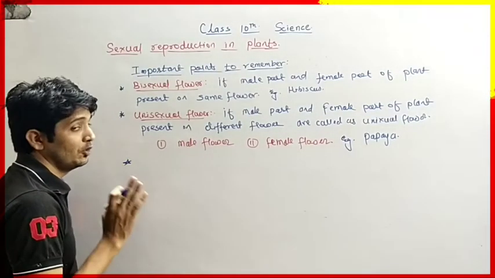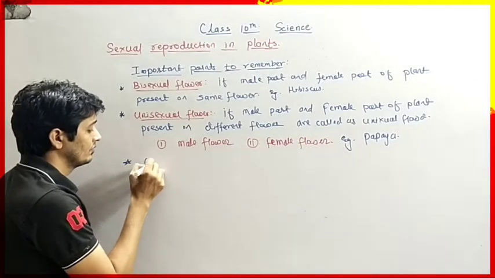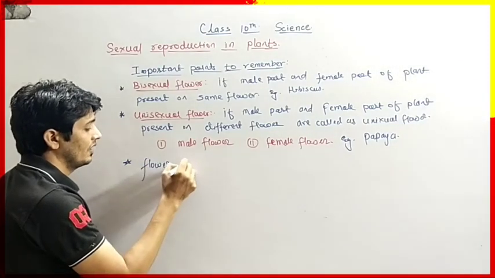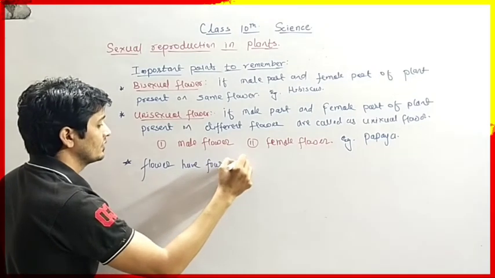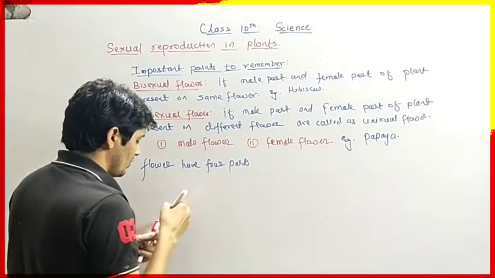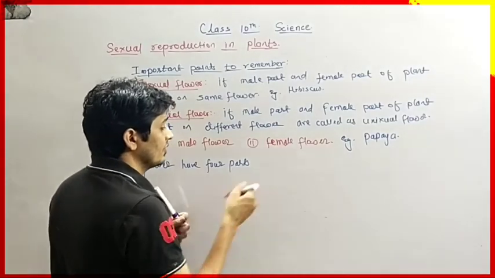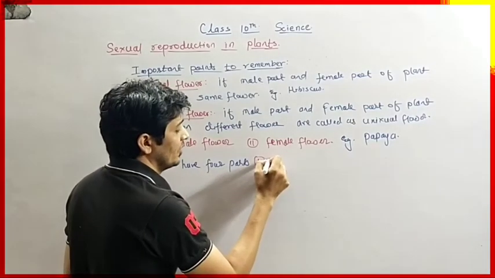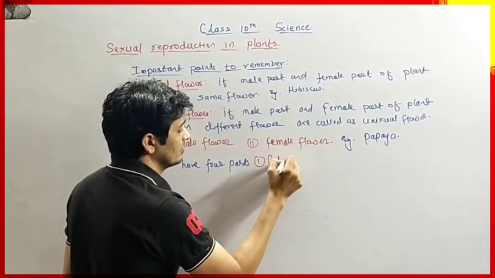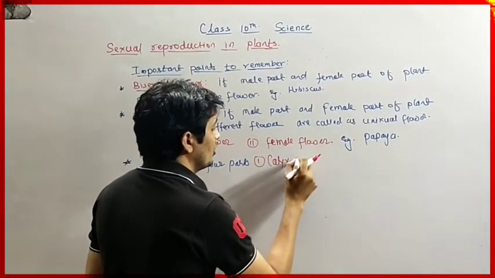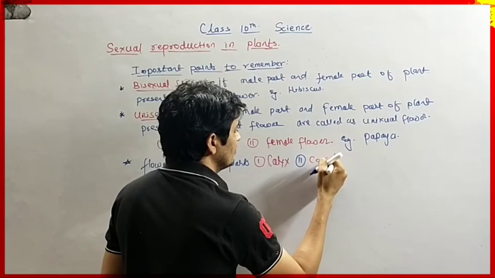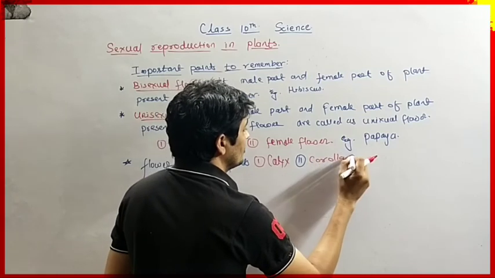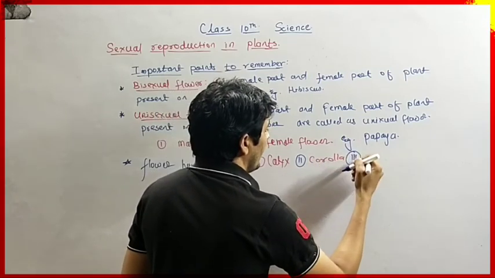Okay. Next, flower is divided into four parts. Flower has four parts. Number one is calyx. Number two, corolla. Number 3, androecium.